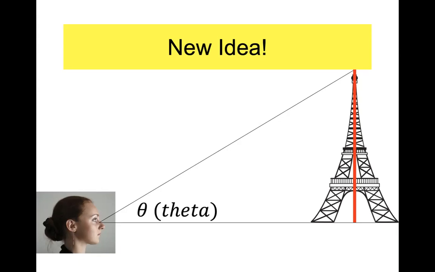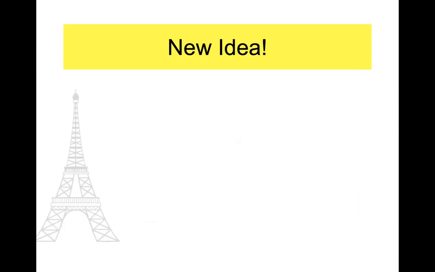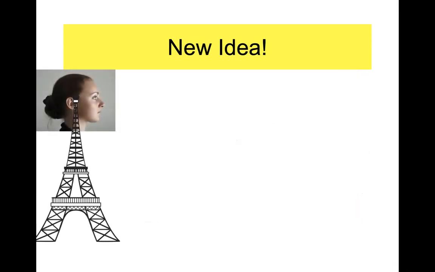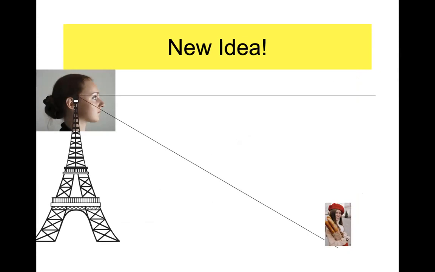All right, so back to our new idea. What are we going to call this angle? The angle that's formed when you're looking at an object in the sky or up in the air by starting by looking at the horizon first and then looking to the top. That is going to be called the opposite of if you were looking from the top to the horizon down to the bottom. Yes, we're in France, so I gave a girl with a beret and a sack of baguettes there.